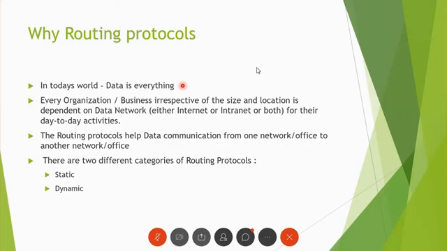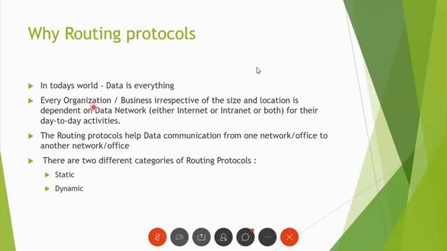But now they say roti, kapda, makan and internet. It is an essential part of our life today. So for us, data is everything. But how does this data move from one place to another place, from one computer to another computer, from one phone to another phone? That's where the routing protocols come into the picture.